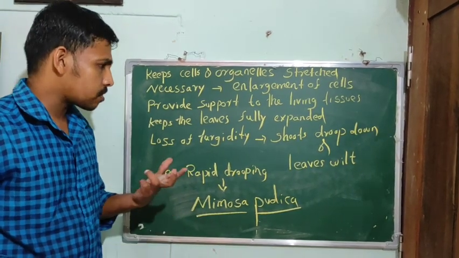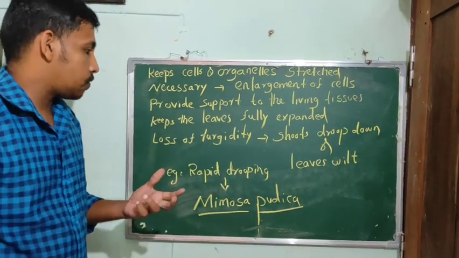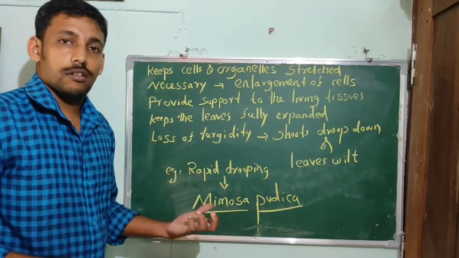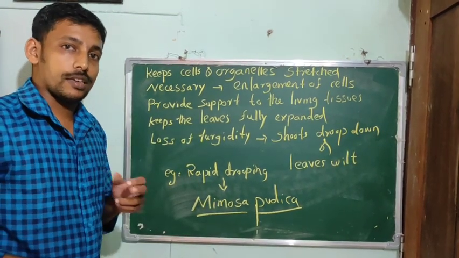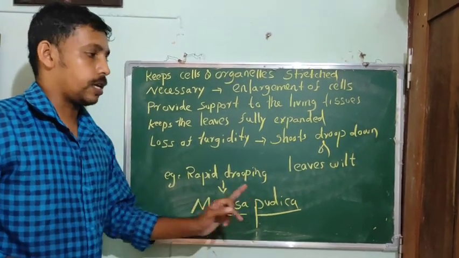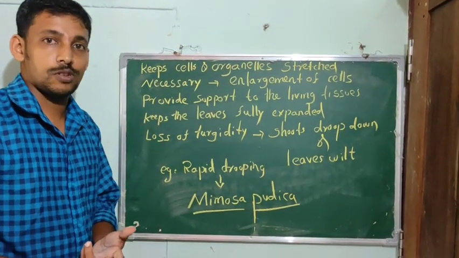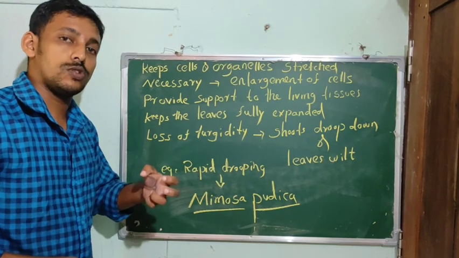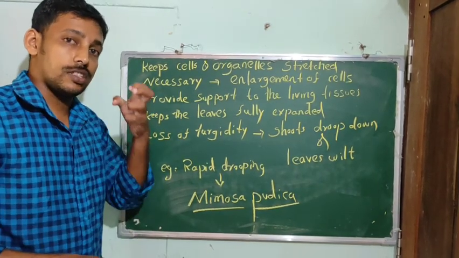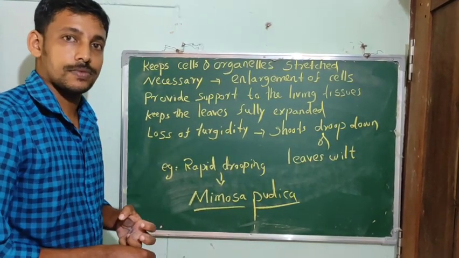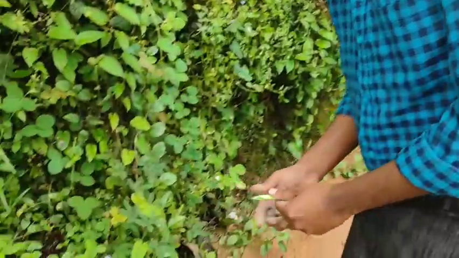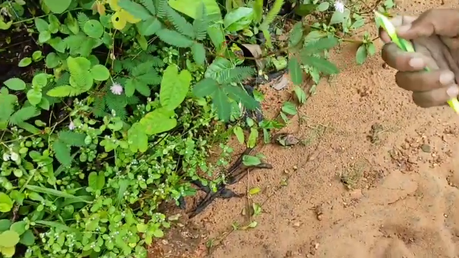For example, the rapid drooping of the sensitive plant, Mimosa pudica, is due to the turgor movement, that is, the loss of turgidity. Here, this is the sensitive plant.